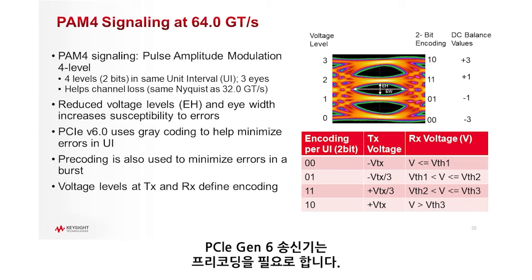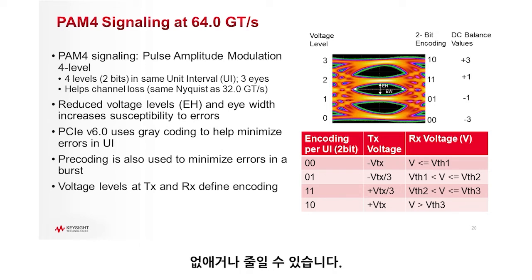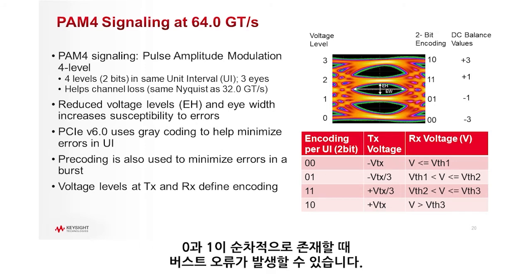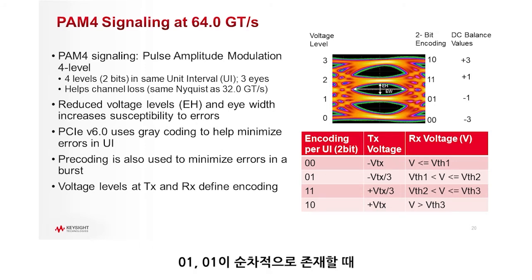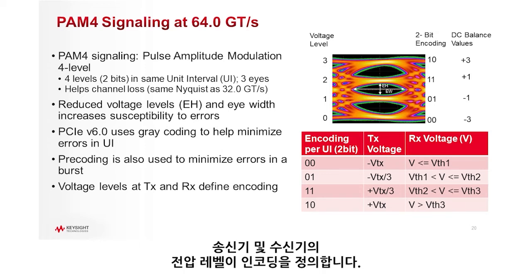Pre-coding is required for PCI Express Gen 6 transmitters and helps us reduce the probability of incurring a burst error in the DFE. Burst errors can occur when you have a sequence of zeros and ones. So you have a 0, 1, 0, 1 in sequence, and pre-coding really eliminates that pathological pattern in the data.